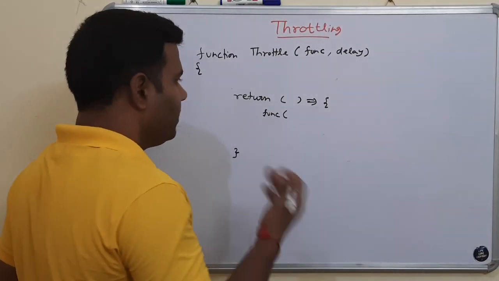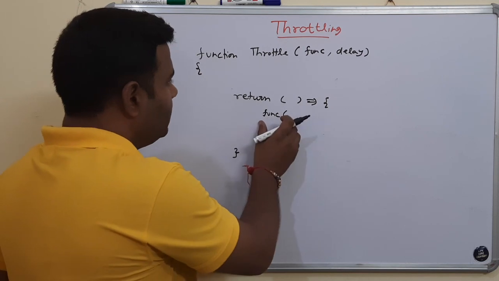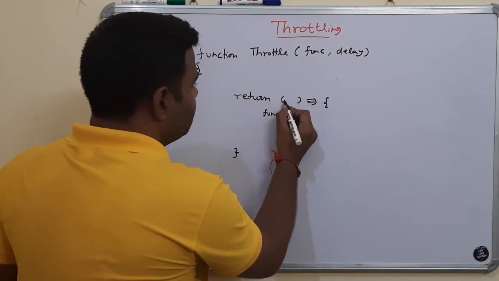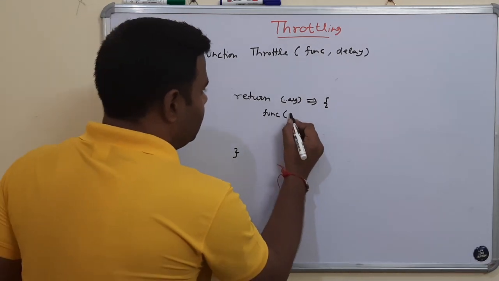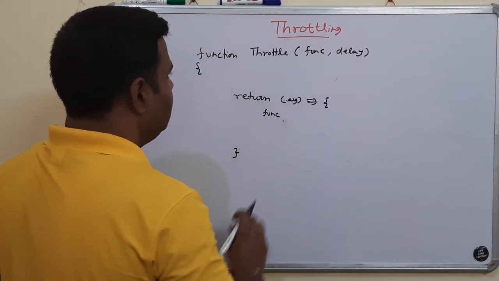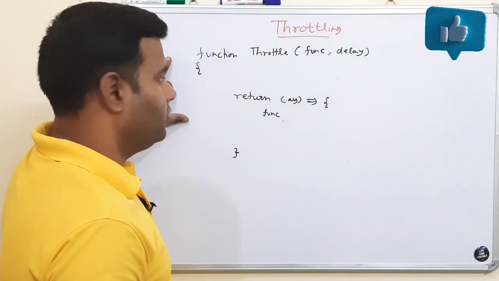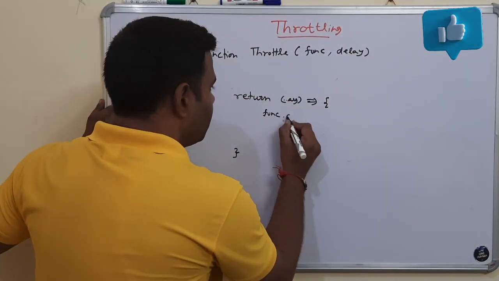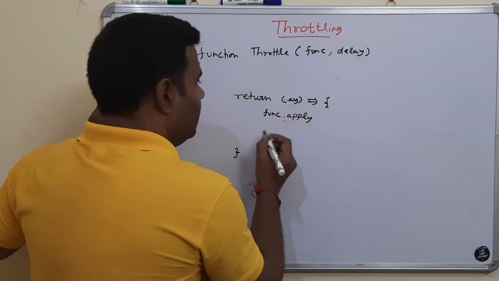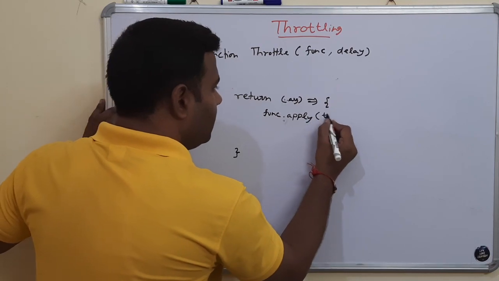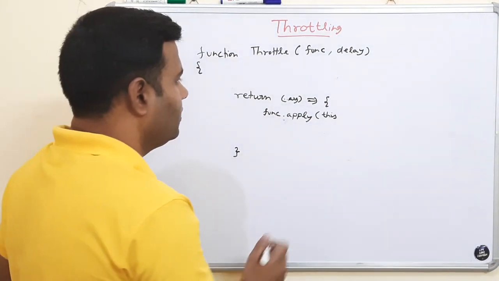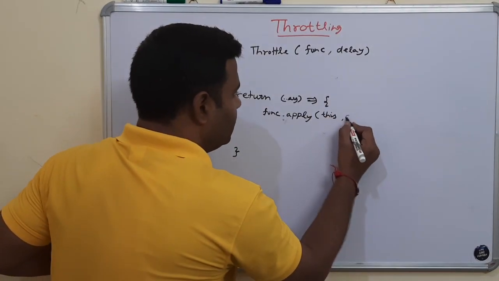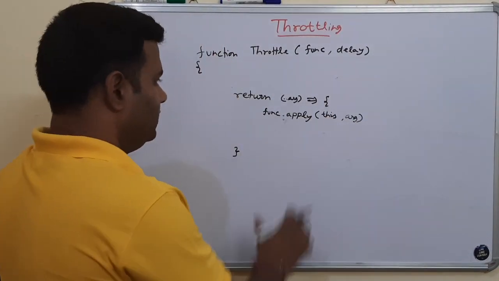This function may take some arguments, so let's say it has some arguments args, and we have to bind the context also, right? So we will call function dot apply, with this as a reference of this particular object, and then we can pass args. Now this function will be called.